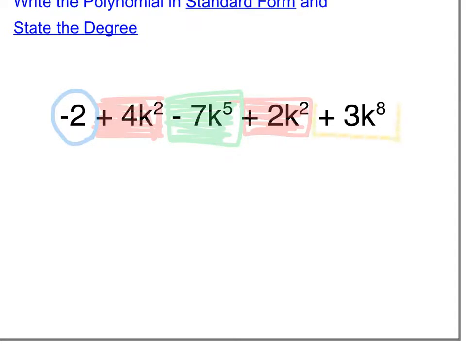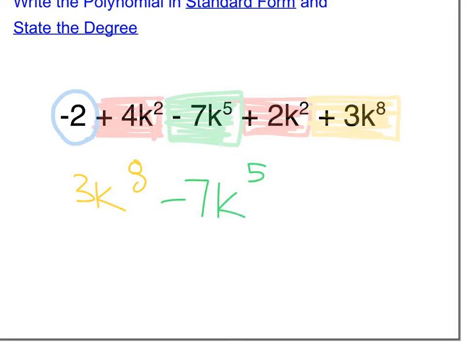And then this positive 3k to the 8th, that doesn't have any like terms either because there's no other k to the 8th. So now when it's time to write this out, my biggest exponent is that 3k to the 8th. So I'll write that first to get this in standard form. Then my next biggest exponent is a negative 7k to the 5th.